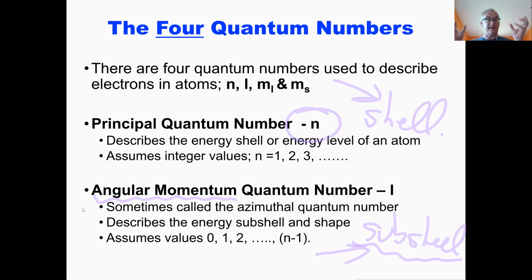They're going to have all different kinds of crazy shapes, as we'll see. Now this number, l, will go from 0 to n minus 1. So if n is 2, then l can be either 0 or 1. That tells you what the different shapes are. l equals 0 is one shape that we'll see. l equals 1 has a different shape.